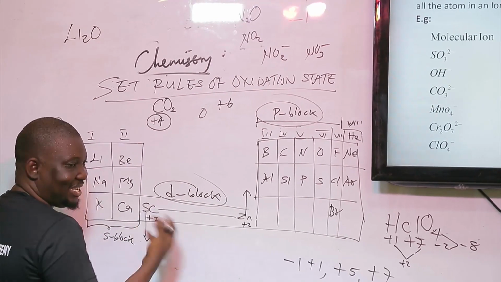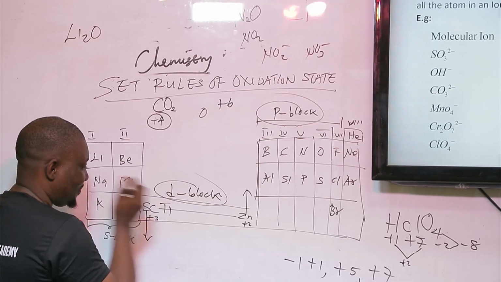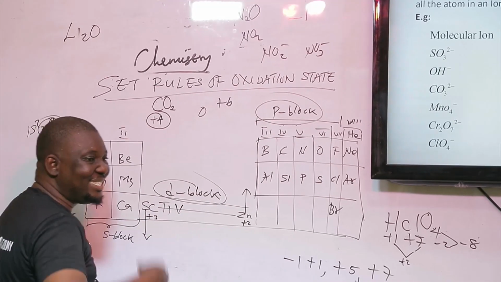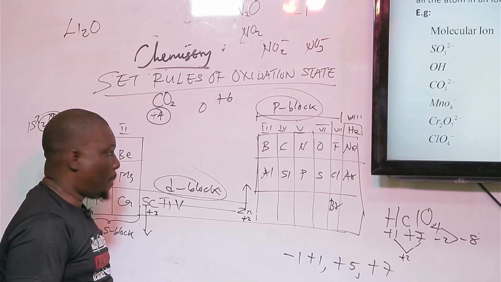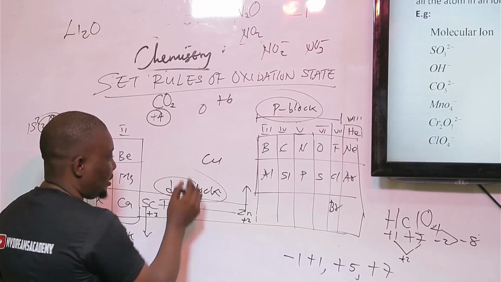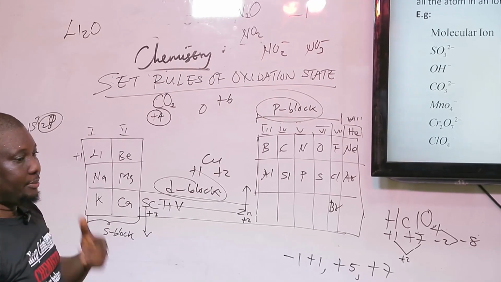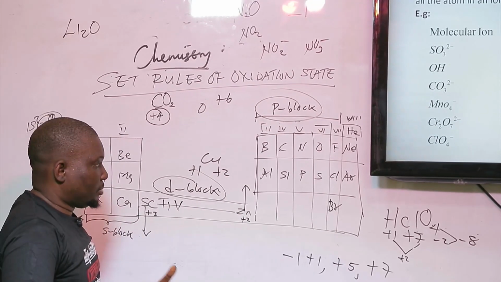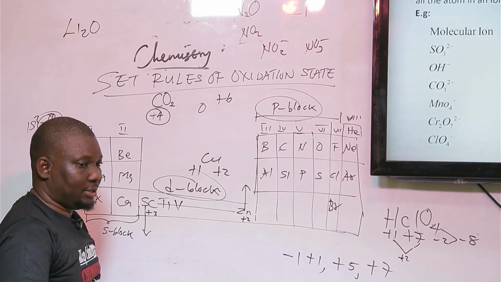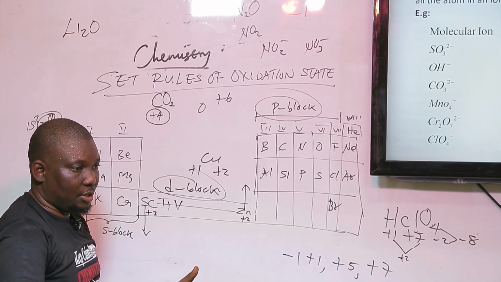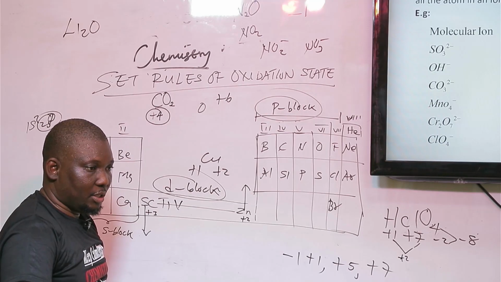But the rest, like titanium and vanadium, vary significantly. Copper, for example, has 2 states, plus 1 and plus 2.